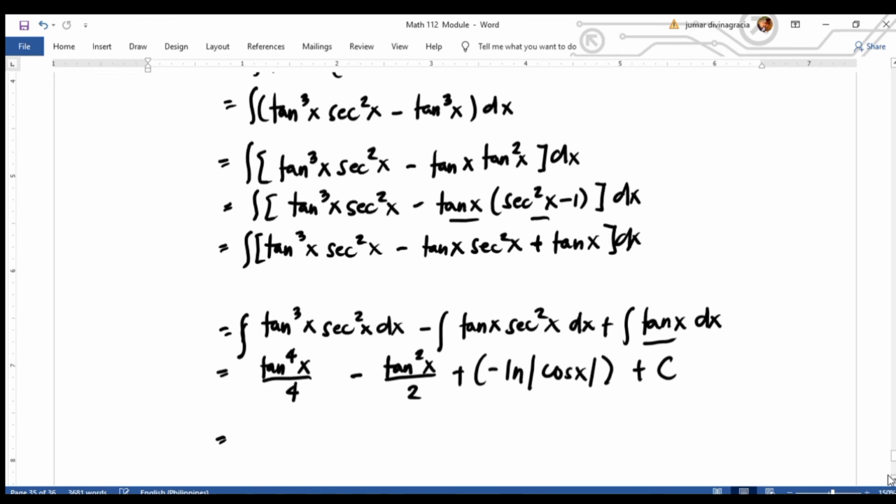So we now have tangent to the power of 4 of x over 4 minus tangent to the power of 2 of x over 2, positive times negative, so that is negative ln of cosine of x plus constant. So that's it for case number 3.